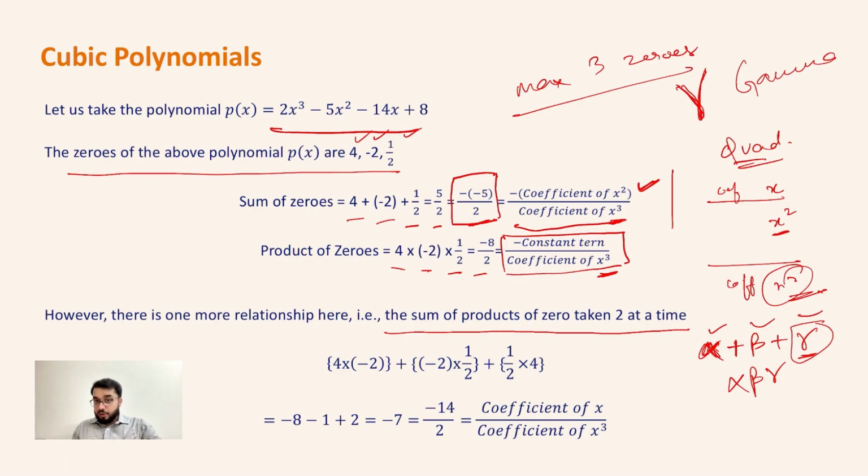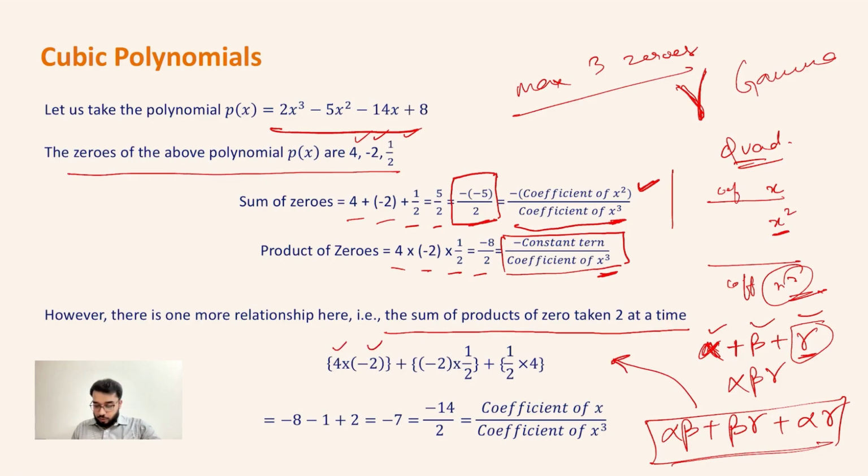Now if we were to take them 2 at a time, say alpha beta plus beta gamma plus alpha gamma, then how would we calculate this value? This is exactly what we do here. We take 4 multiplied by minus 2, minus 2 multiplied by 1 upon 2, 1 upon 2 multiplied by 4, and then we add all of them. This gives us minus 8 minus 1 plus 2, which gives us minus 7, which can also be written as minus 14 upon 2.